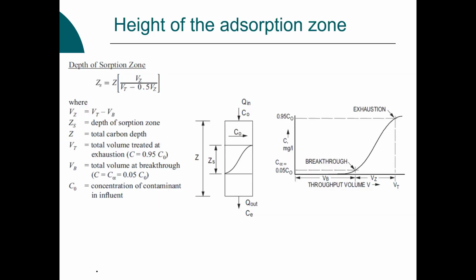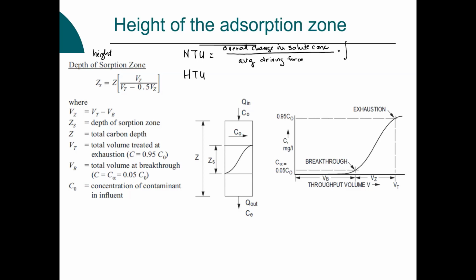This image is from the FE reference handbook. There they refer to the depth of the absorption zone. Often you'll see it referred to as the height. We also talk about terms the number of transfer units and the height of a transfer unit. The number of transfer units is equal to the overall change in the solute concentration divided by the average driving force.